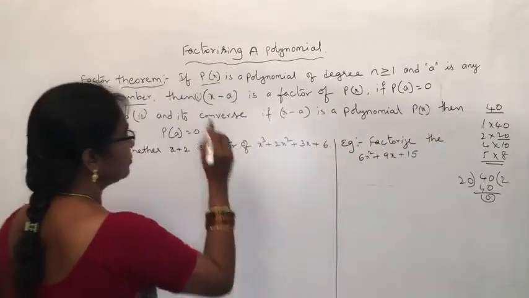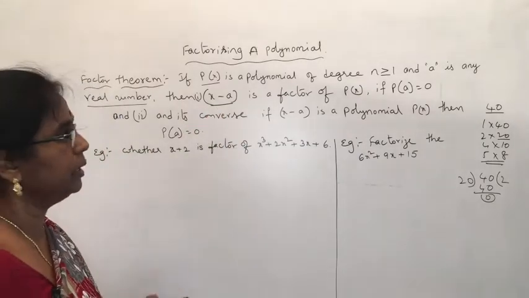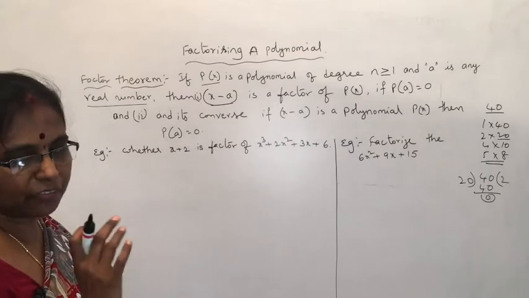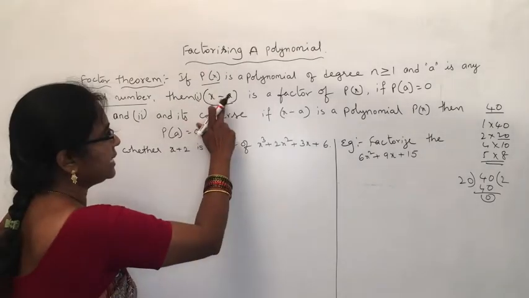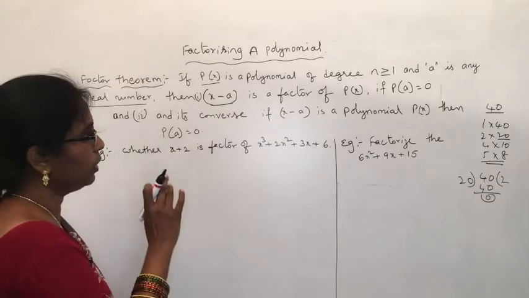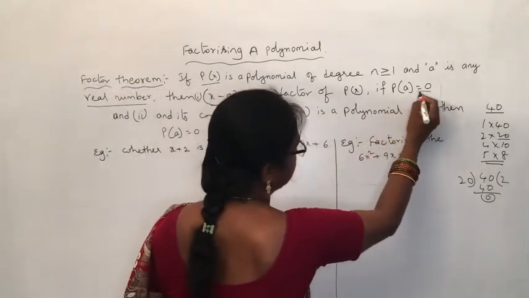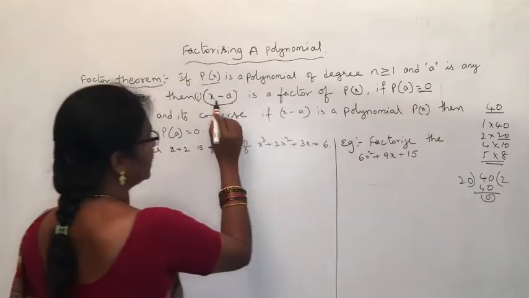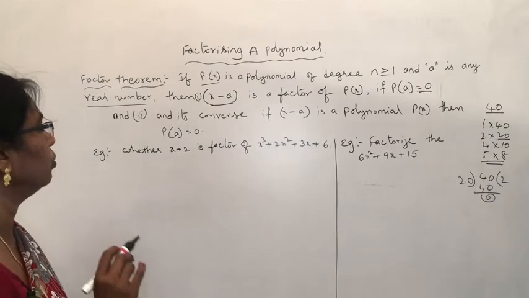That means if x minus a is a factor of the polynomial P of x, then P of a is equal to 0. That means when you divide by x minus a, you will get remainder 0.